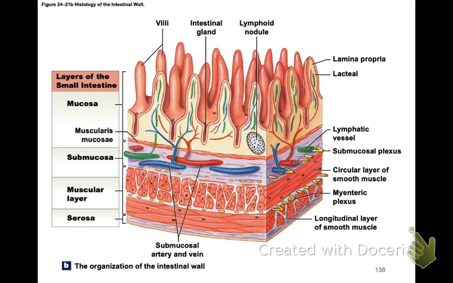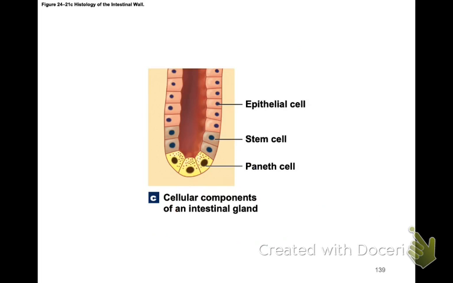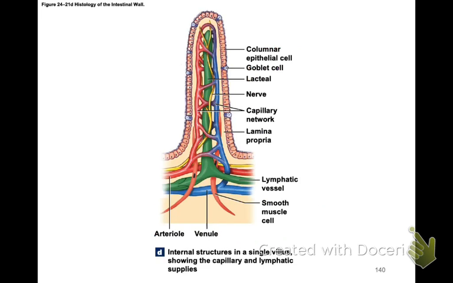These are the crypts, and down in the base of the crypts is where new cells are generated, and that's where your hormone-secreting cells are generated. In the interior of each villus, let's see, I think we have another picture. Yeah, there's a deep picture of the crypt, and then here's a picture of the villus. You can see that lacteal, colored green, just for contrast. They're, of course, colorless in real life.